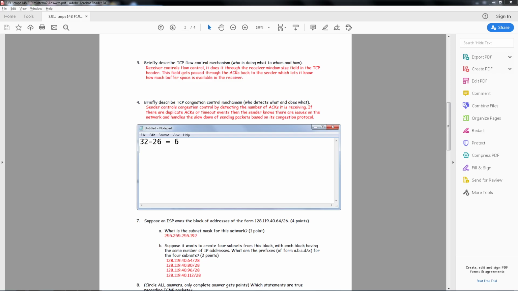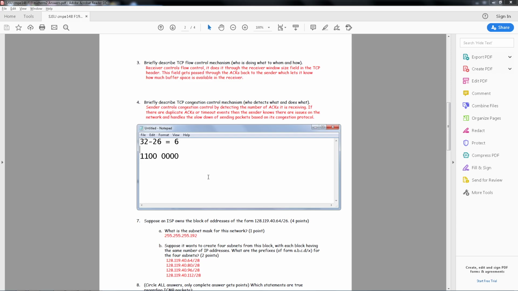So we know then that, starting from the right side this time, the first 6 bits going from right to left are all zeros, because in an IPv4 address there are only 32 bits. This is the way I rationalize it when I'm trying to do it like this.